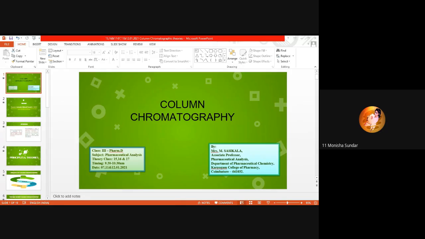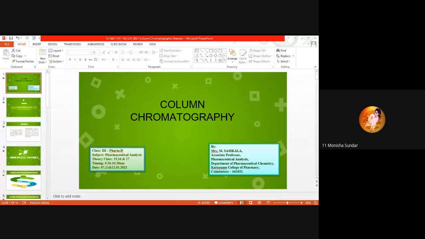In partition theories, the partition coefficient, or equilibrium constant, is equal to the molar concentration of analyte in stationary phase divided by molar concentration of analyte in mobile phase. Retention time, the time between sample injection and an analyte peak reaching a detector at the end of the column, is retention time.